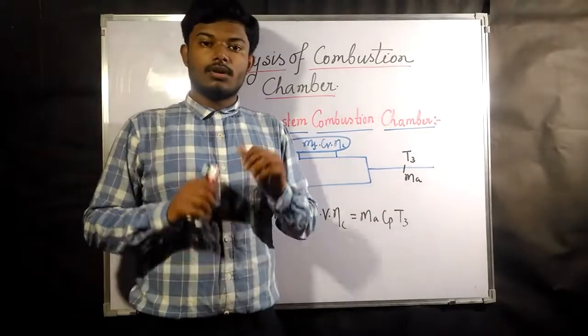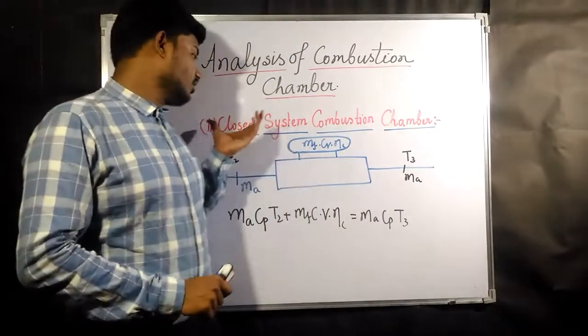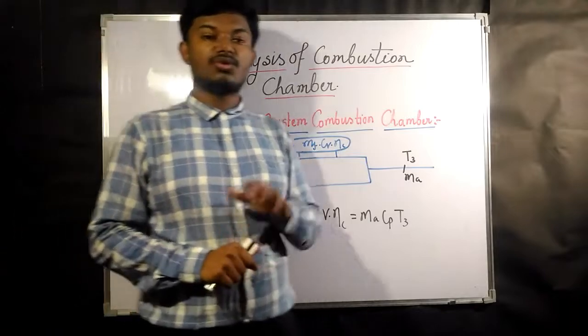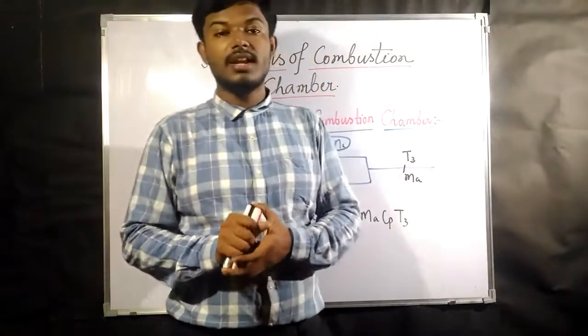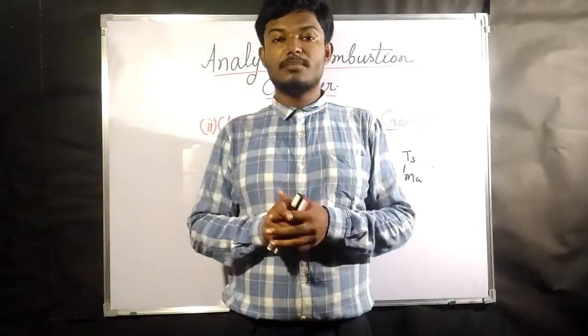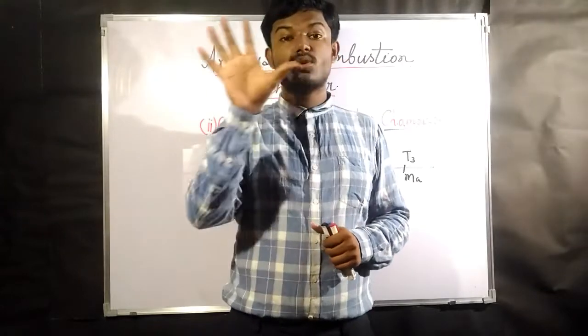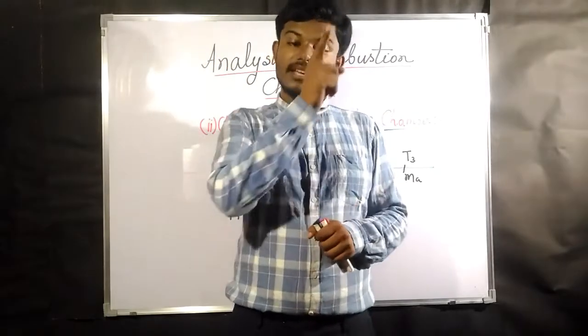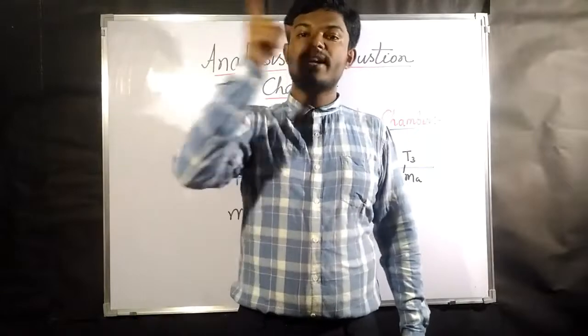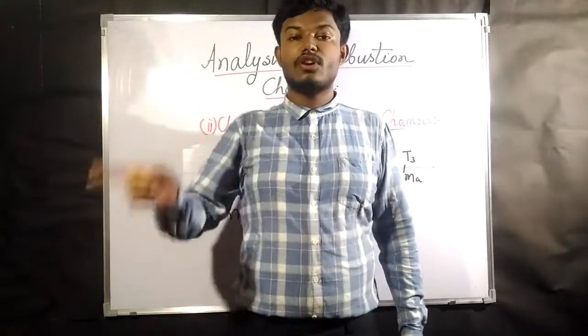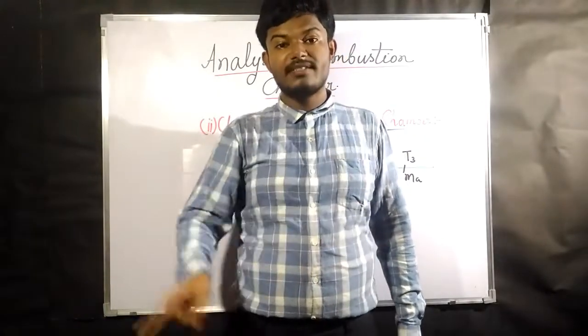Now we are going to look at the closed system combustion chamber. The procedure is completely the same, but in the closed system, the closed Brayton cycle, the same air circulates inside the system to form the different cycles.